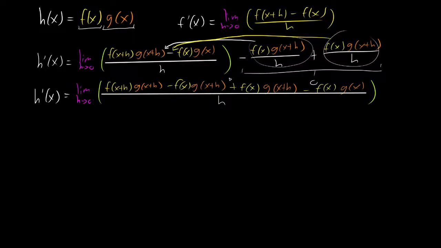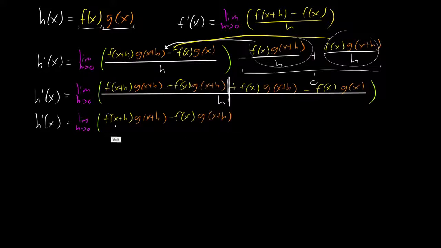Alright, so this looks like a monstrosity of an equation, but believe me, this thing simplifies into something a lot nicer. But first, we're going to have to split this equation up by cutting it in half. If we took a saw and cut this equation in half and turned it into two limits, we get h prime of x is equal to the limit as h approaches 0 of f of x plus h times g of x plus h minus f of x times g of x plus h, all this divided by h.